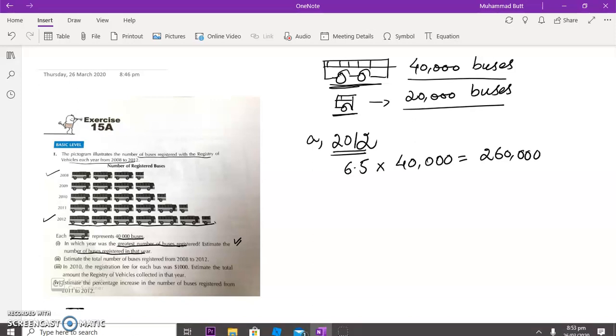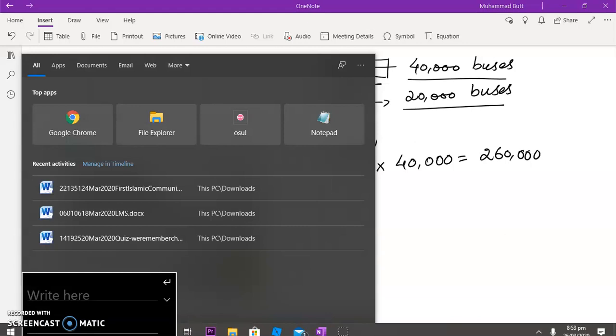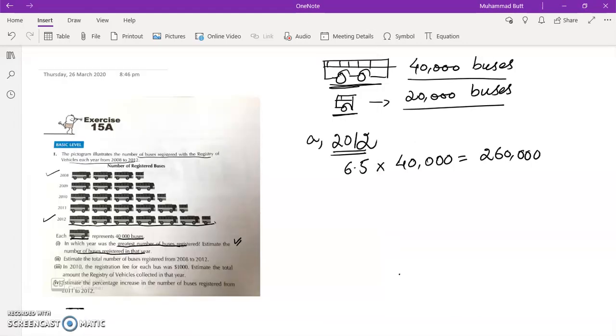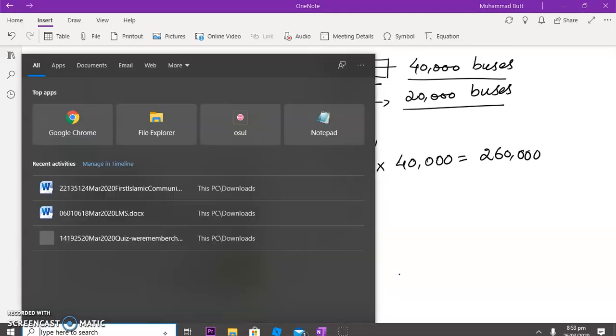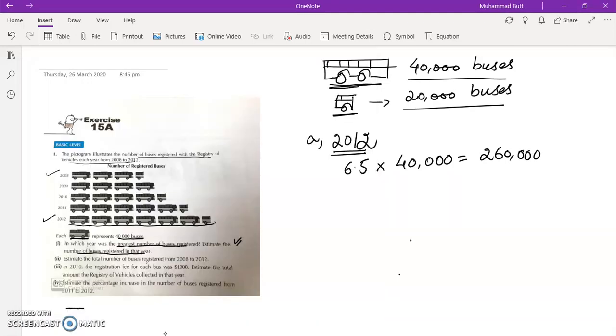Next part. Estimate the total number of buses registered from 2008 to 2012. So we are going to count all buses. First of all, we are going to count the full buses. 1, 2, 3, and so on up to 22.